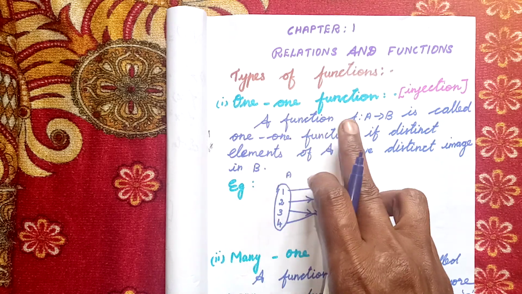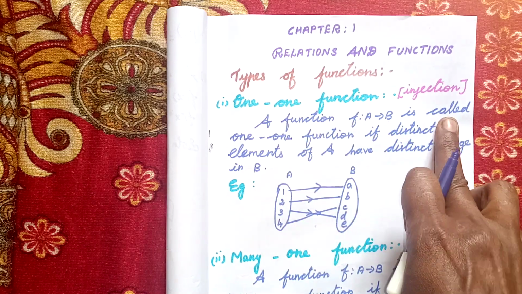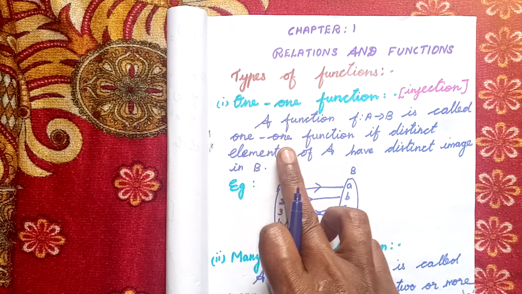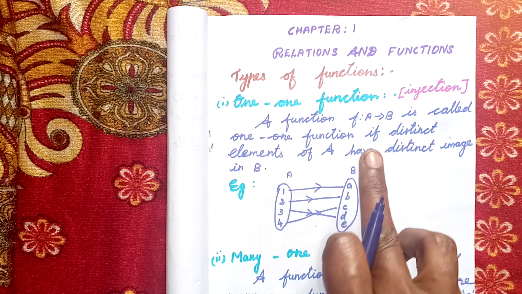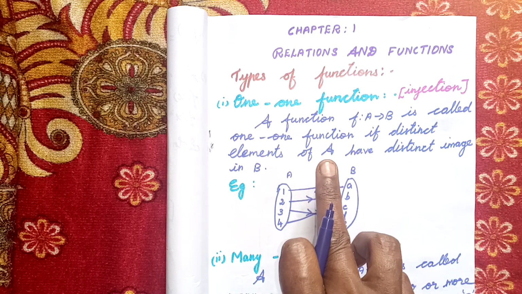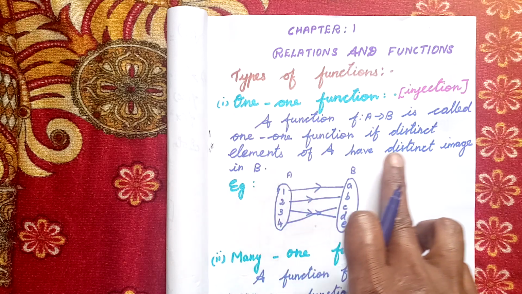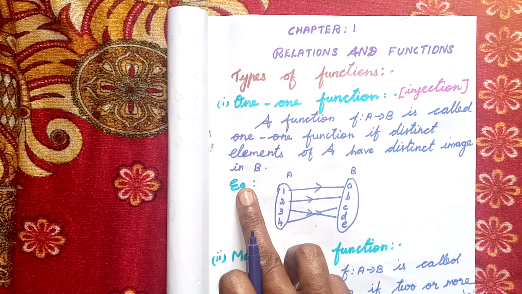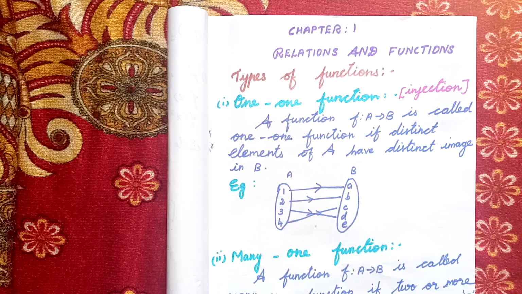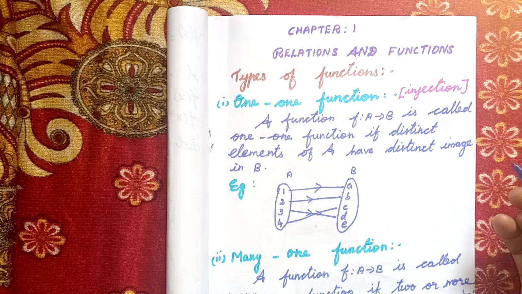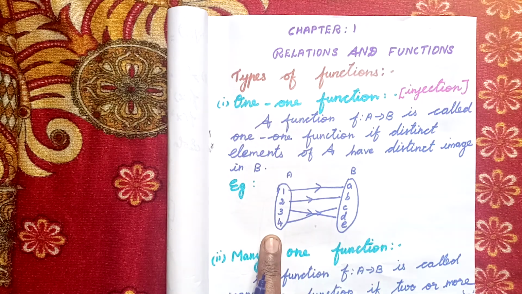Listen. A function f from A to B is called a one-one function if distinct elements of A have distinct images in B. Now, first, whether it is a function.